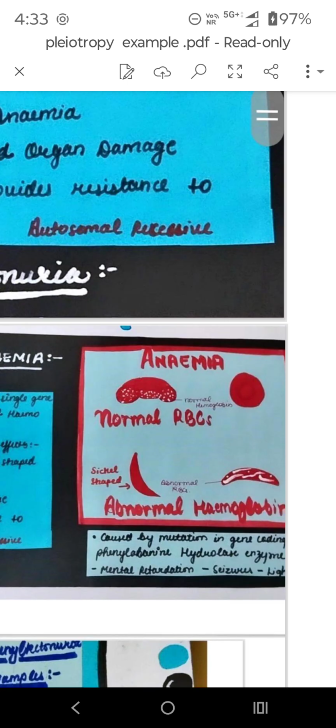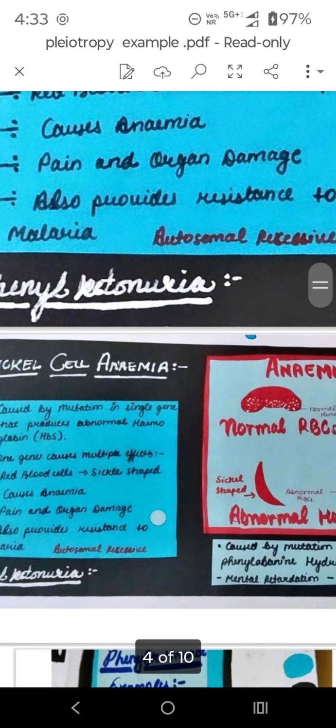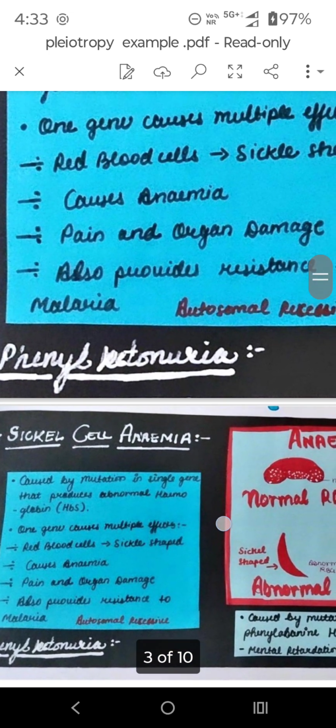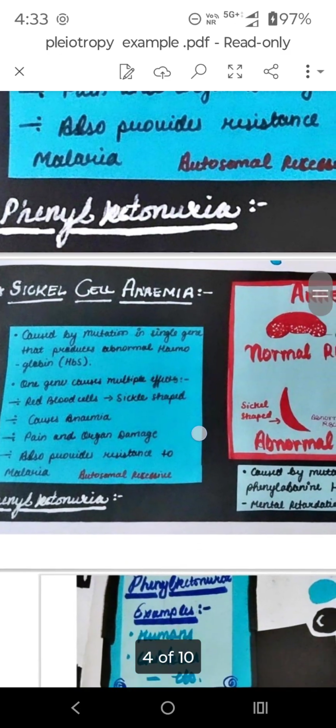Due to mutation in this gene, the individual has mental retardation and seizures, and development is not normal in that individual. So these are very good examples of pleiotropy. One is sickle cell anemia, another is phenylketonuria.